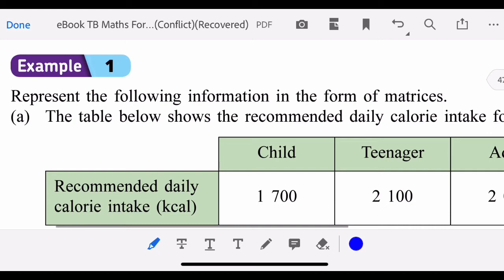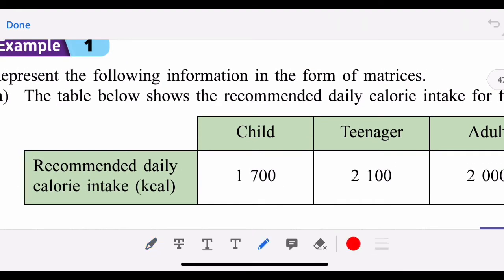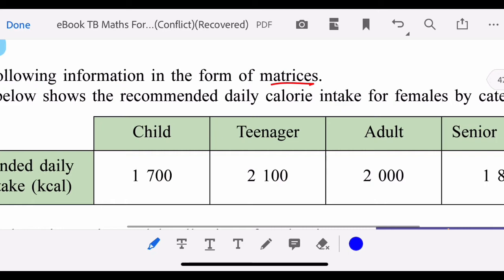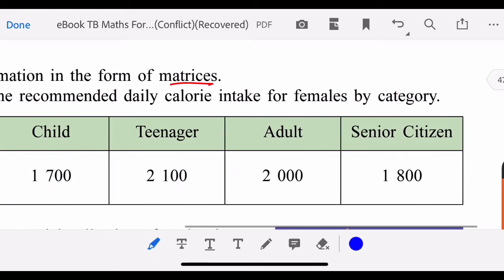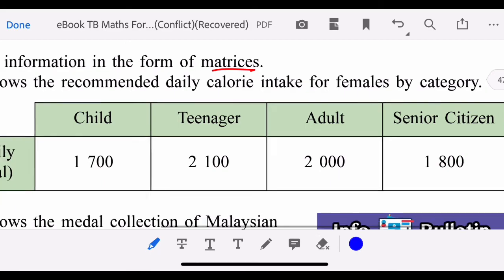Now, example 1. Represent the following information in the form of matrices. Okay, the table below shows the recommended daily calorie intake for females by category.